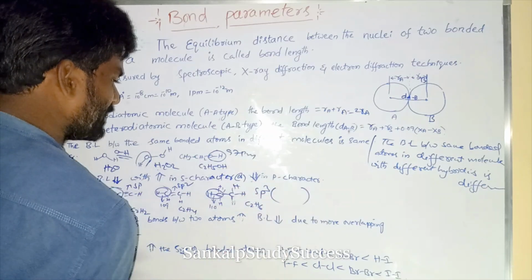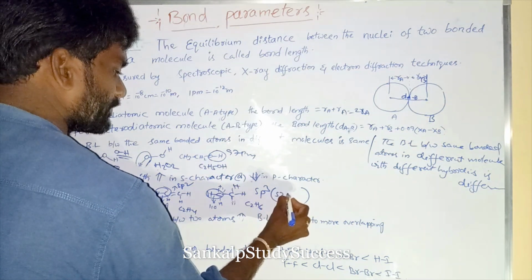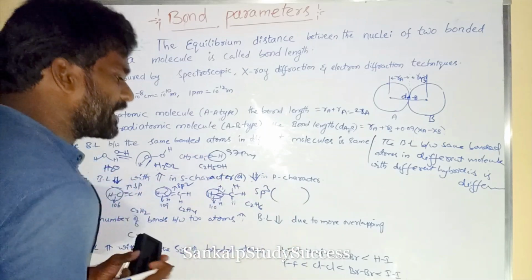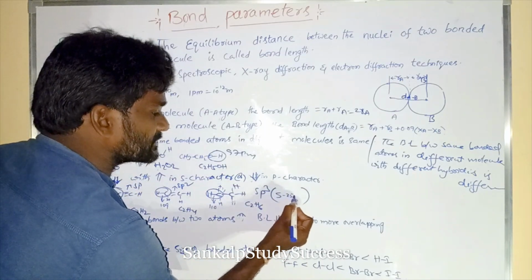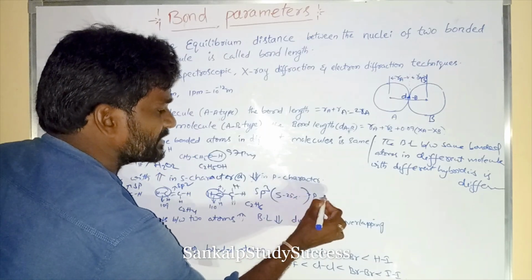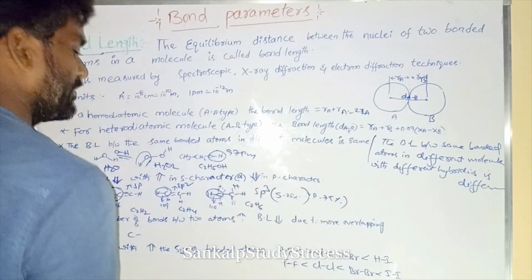In sp3 hybridization, the S character is 25% and the P character is 75%.